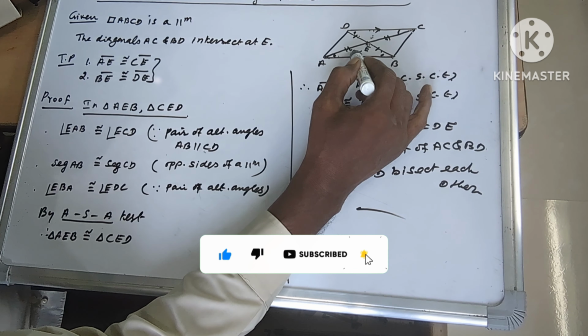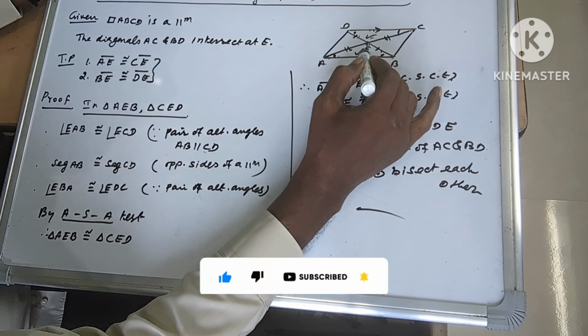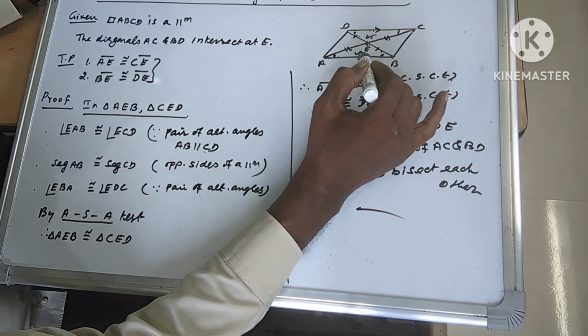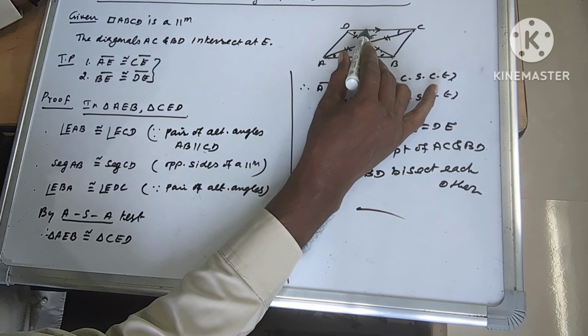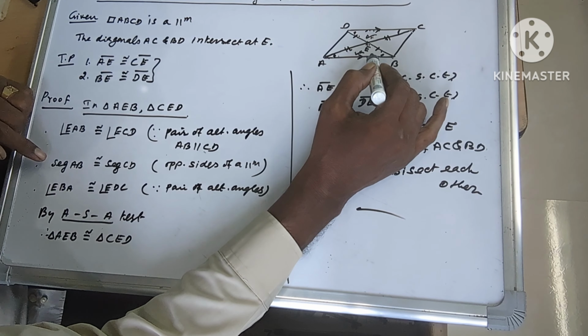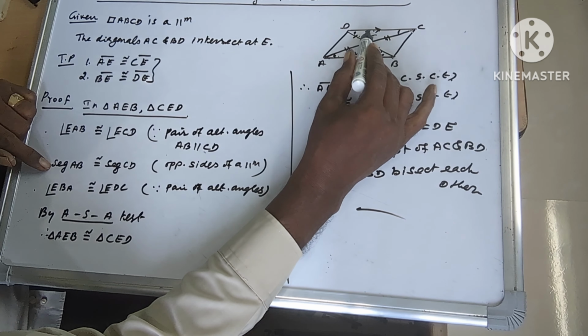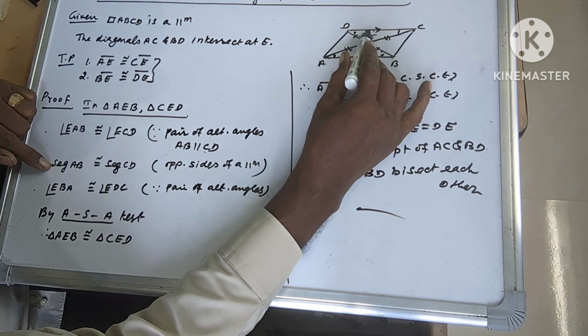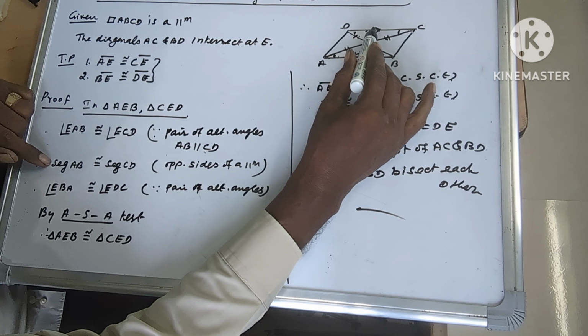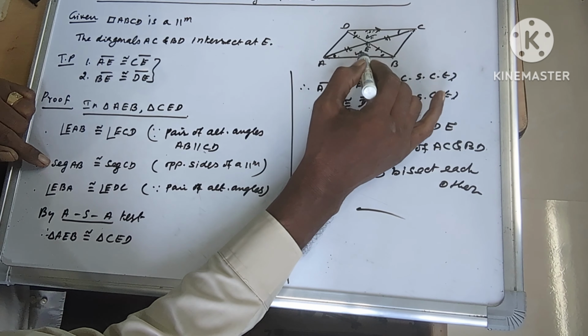So now in these two triangles, AB and CD are congruent because opposite sides of a parallelogram are congruent. Therefore, these long sides AB and CD are congruent. And these two are parallel.